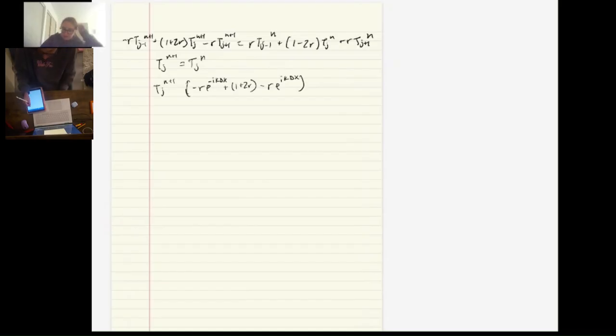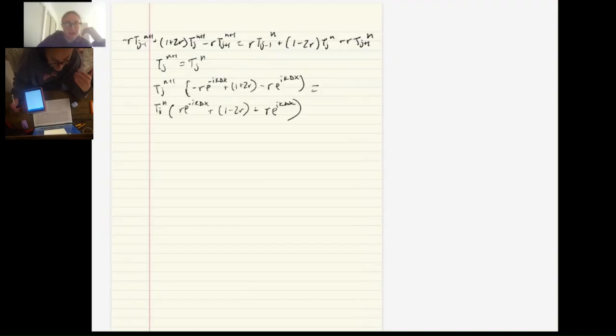And I'm going to put the bottom down below. Then we have T_j^n multiplied by r e^(negative ik delta x) plus 1 minus 2r plus r e^(i k delta x).